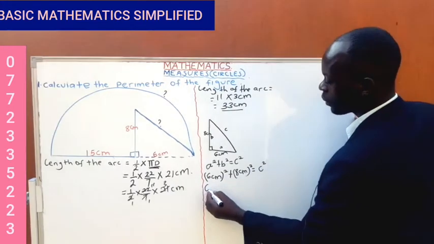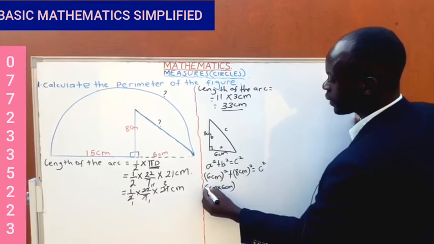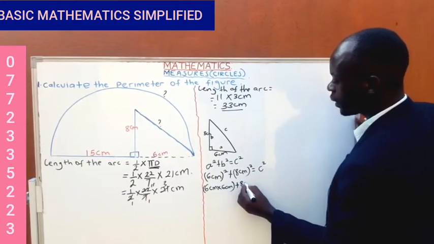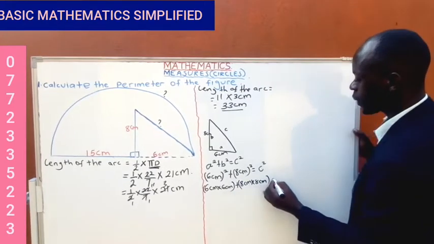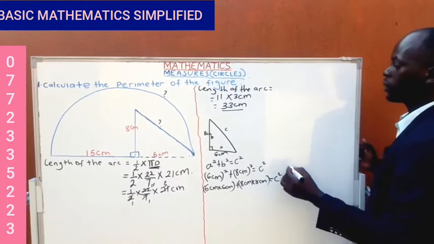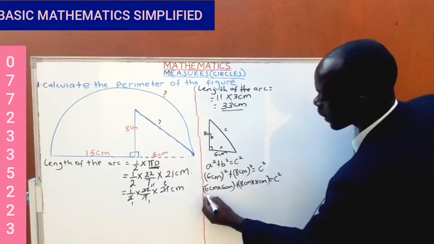Now this one, when you expand, is 6 centimeters multiplied by 6 centimeters plus 8 centimeters multiplied by 8 centimeters equals C squared. What is 6 centimeters multiplied by 6 centimeters?